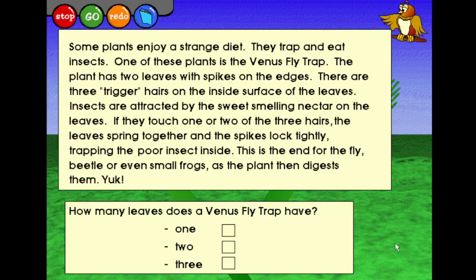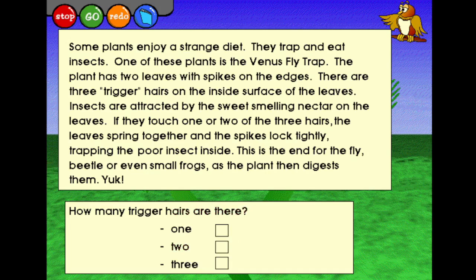Read the question. Click on the question for help. Click Go to continue. How many leaves does a Venus flytrap have? A Venus flytrap has 2 leaves. Read the question and then click on the correct answer box. Click on the question if you need help.